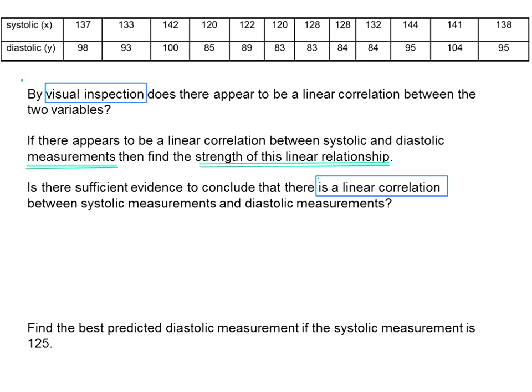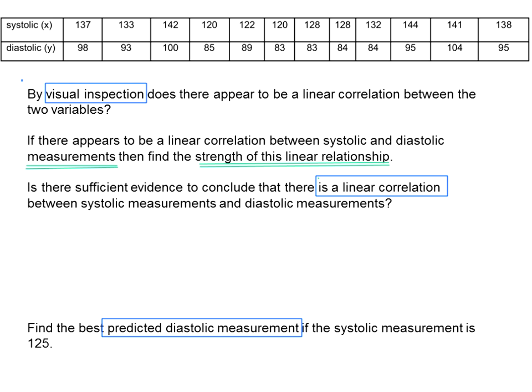So you have to go through a process of hypothesis testing. And at the very end, we want to predict. We want to make a prediction. So what would the diastolic measurement be if the systolic measurement is 125?